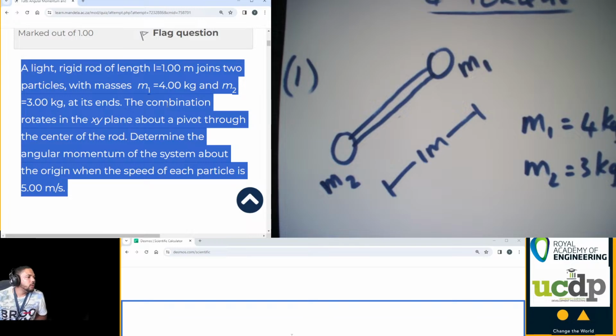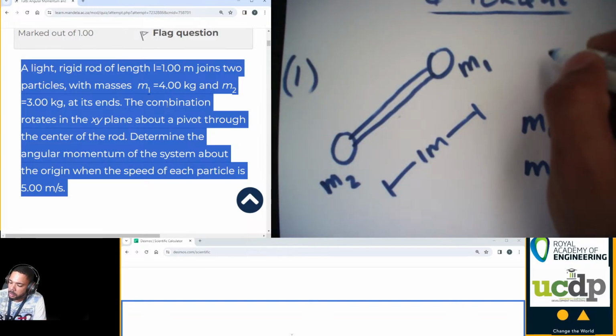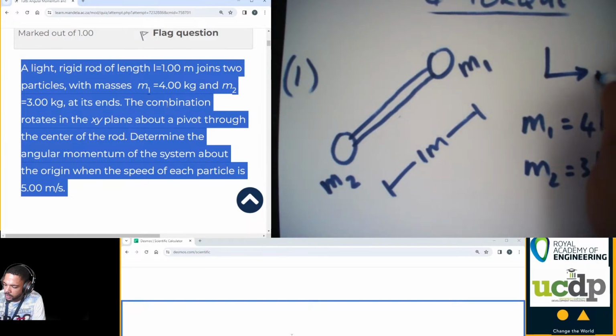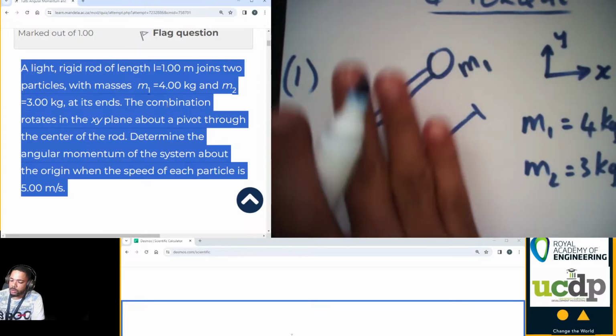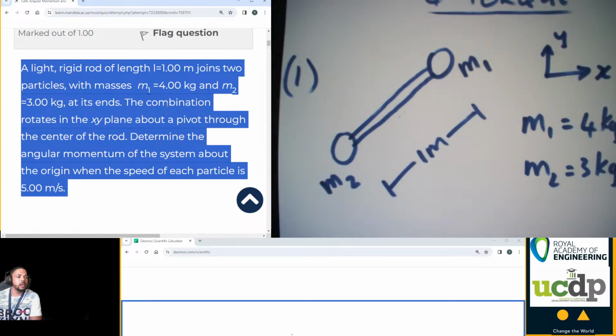Now they tell us that the combination rotates in the XY plane. If this is X and this is Y, then this would be the XY plane. So far so good. We've just drawn what we've been given. They rotate, meaning it's turning around a pivot through the center of the rod.